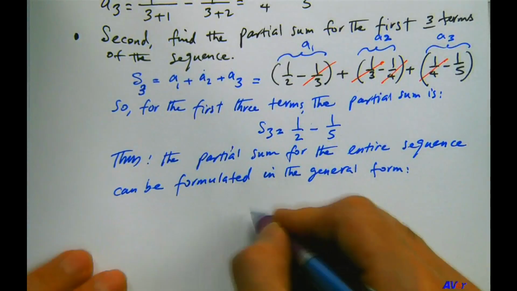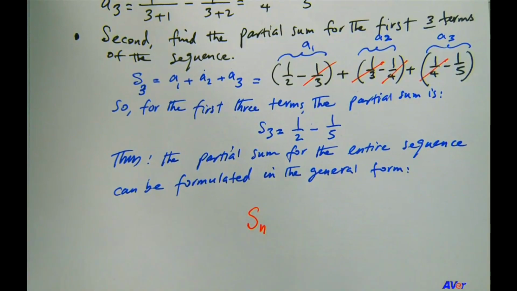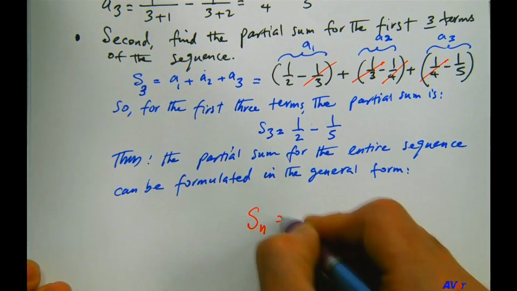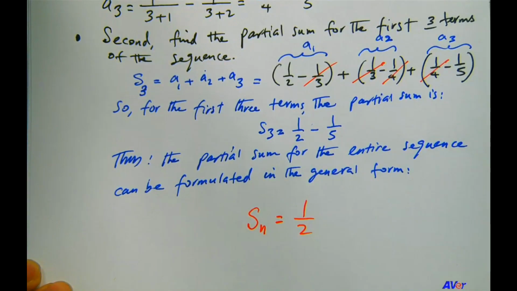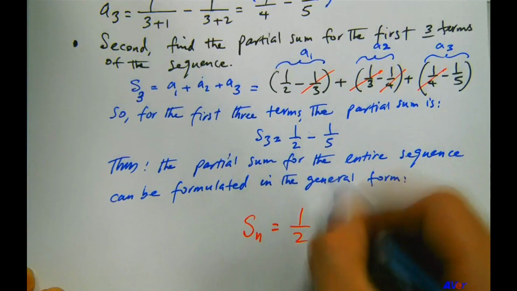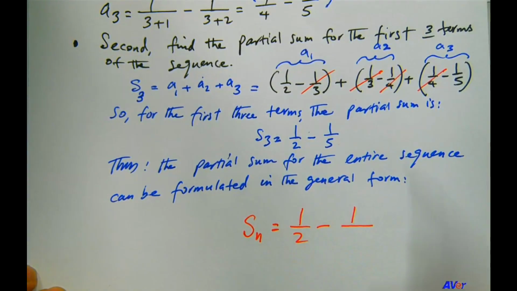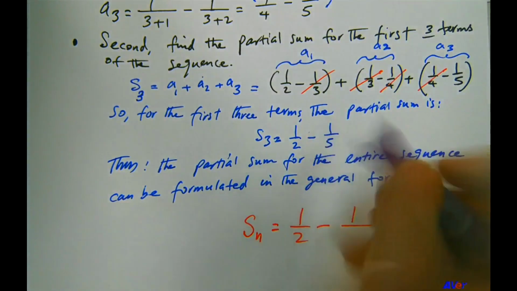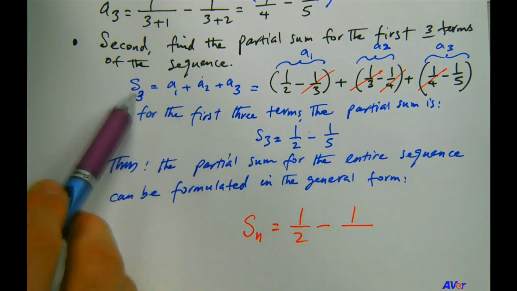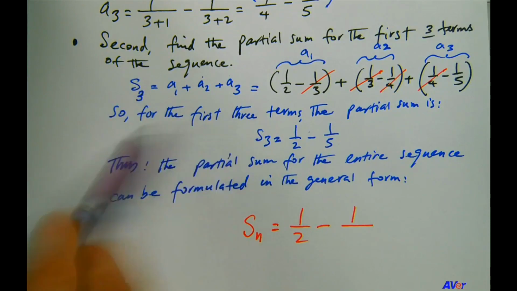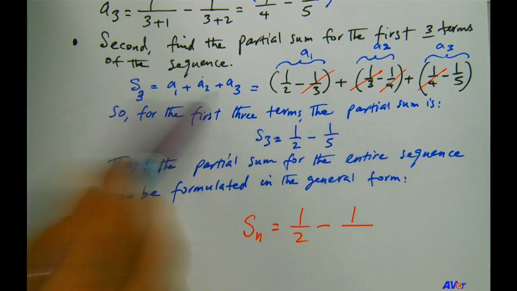We can say that the partial sum, that's Sn, equals 1/2, right? I'm just looking at that. Minus 1 over, how can we generalize the 5? We got minus 1 over 5 for the partial sum for the first 3 terms.